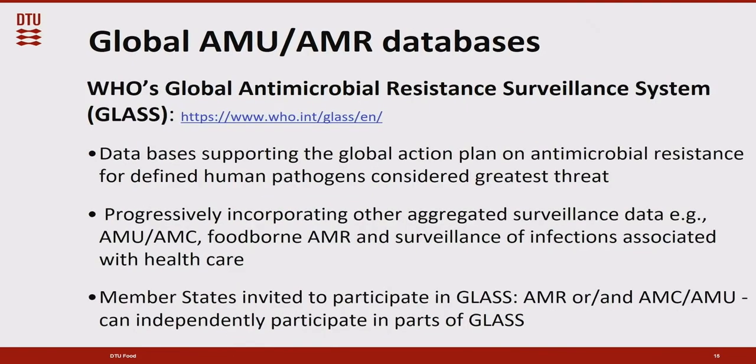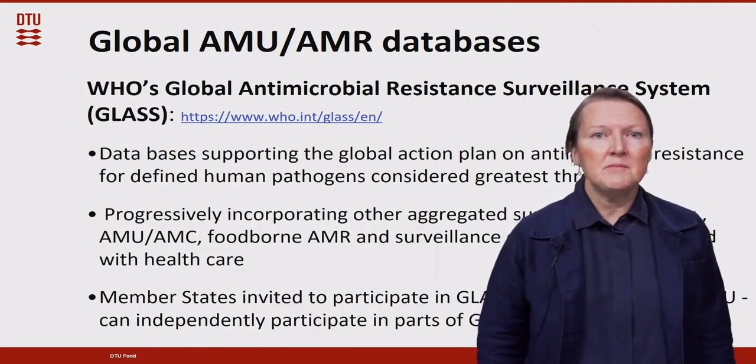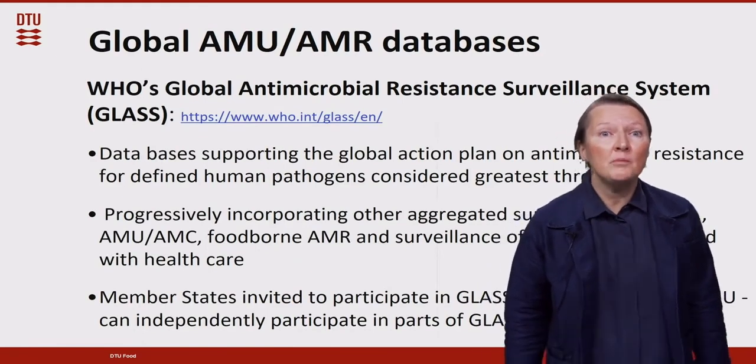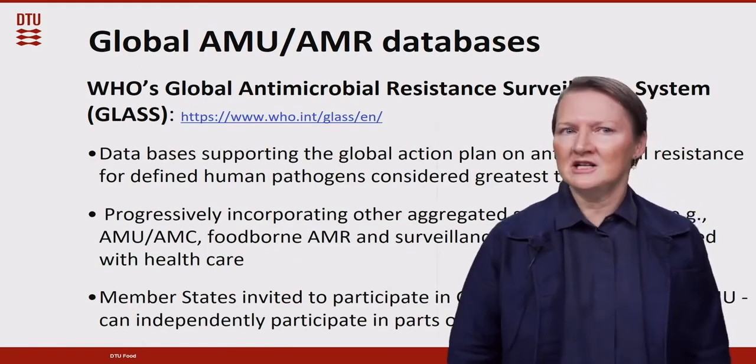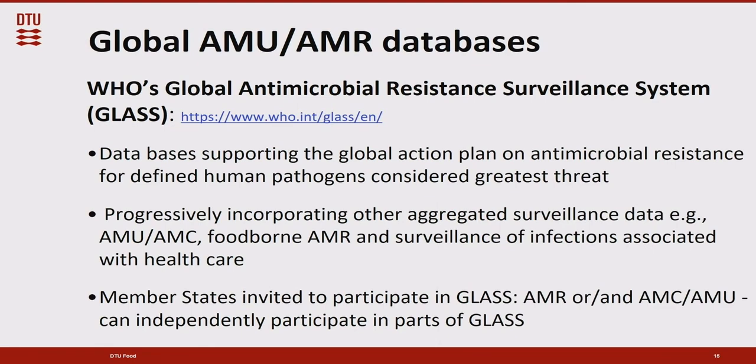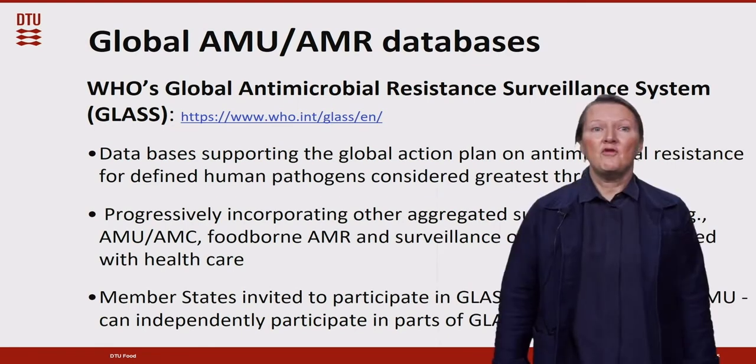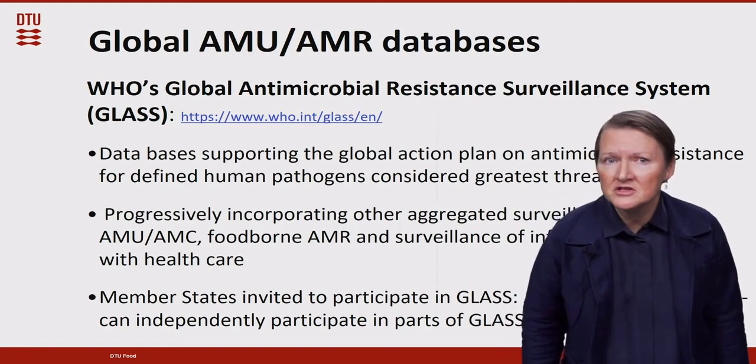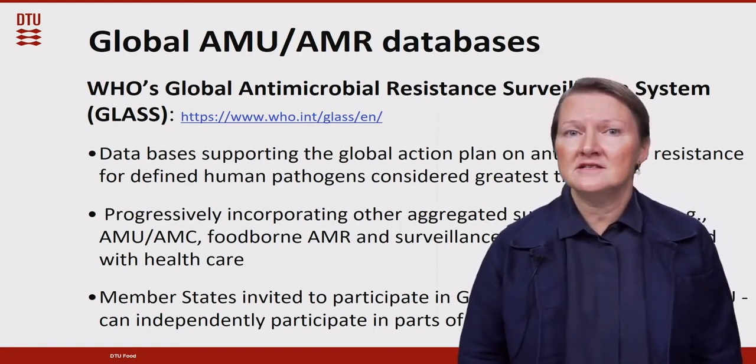The World Health Organization's part of the three-part agreement is the Global Antimicrobial Resistance Surveillance System, abbreviated as GLASS. It consists of databases supporting the Global Action Plan on Antimicrobial Resistance for a defined list of human pathogens considered being of greatest threat.